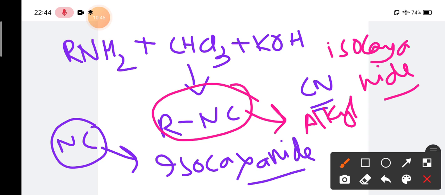So please take the notes so that you get an idea of this kind of trick, so that you can do these reactions with less effort. Okay, so this is the reaction named the carbylamine reaction, where a primary amine is reacted with chloroform and KOH, and it will form RNC, that is alkyl isocyanide.